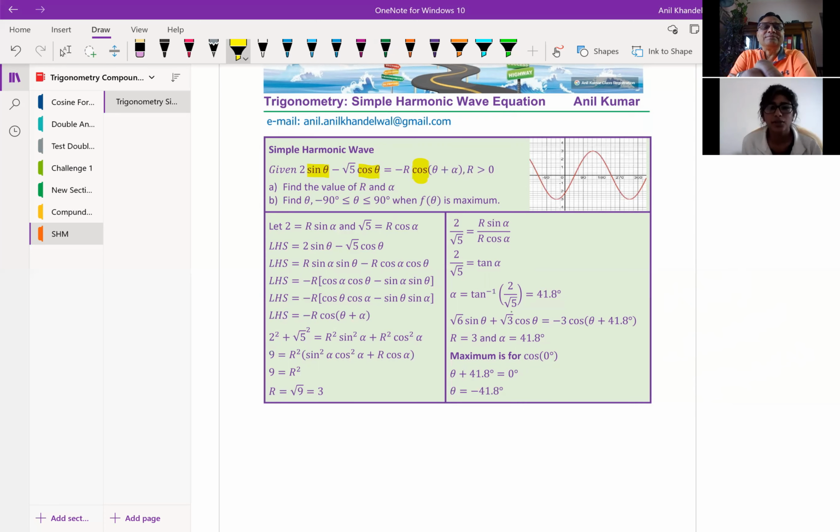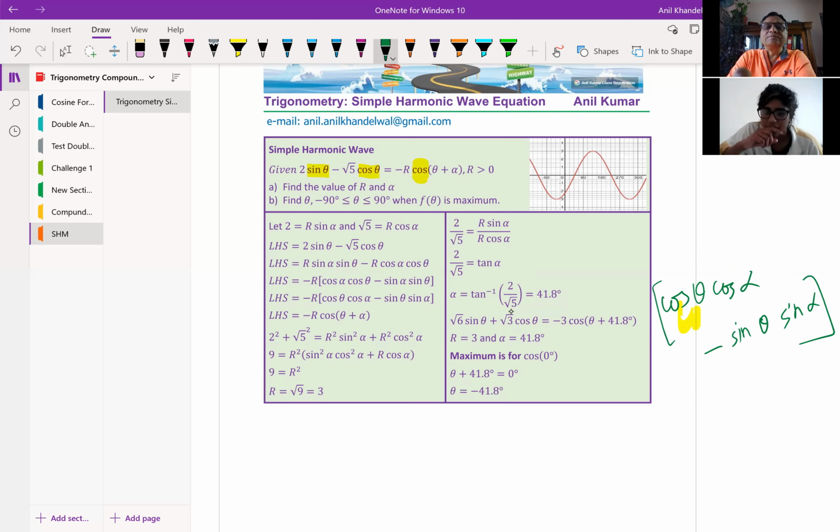Okay, so given that 2 sine theta minus root 5 cos theta equals minus r cos theta plus alpha. Can we quickly write out the cos A plus B? In this case, it will be cos theta cos alpha minus sine theta sine alpha.